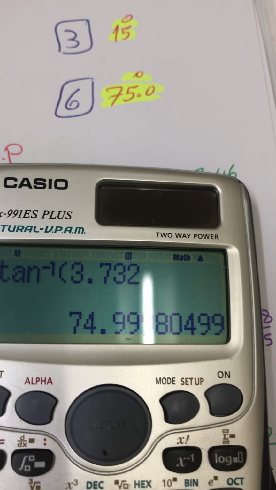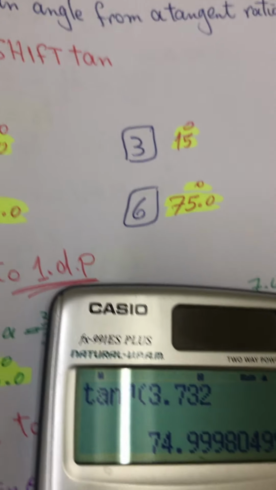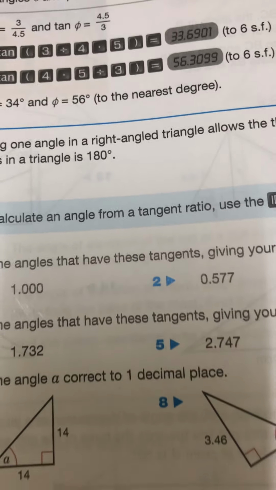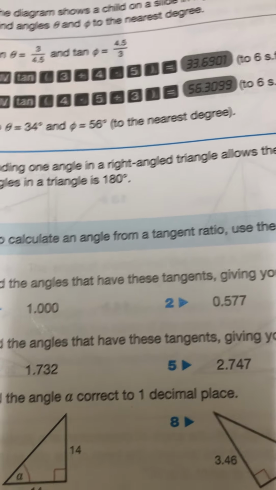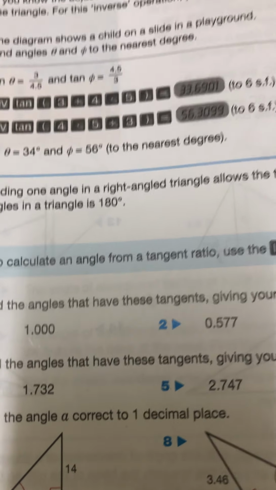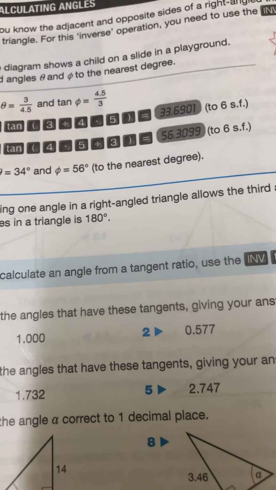Easy? Easy. So the summary of what I said: if I give you a ratio, you will press shift on your calculator, then tan, and press the ratio I give you, equal, and you will get directly the angle I asked about.